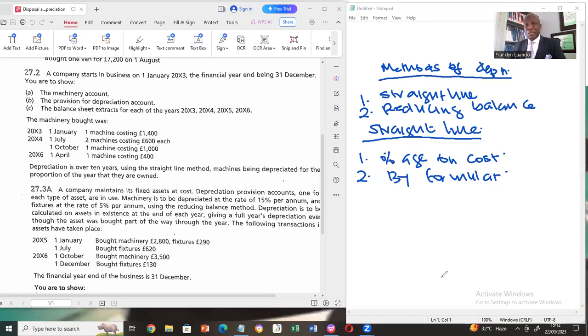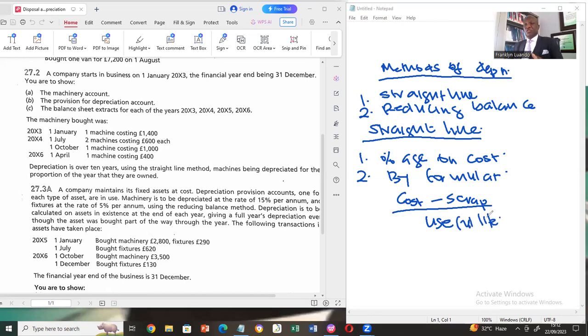You know the examiner wants you to use a formula when you are given the cost less scrap value. Scrap value could also mean residual value or salvage value. Divide by the useful life of the asset.